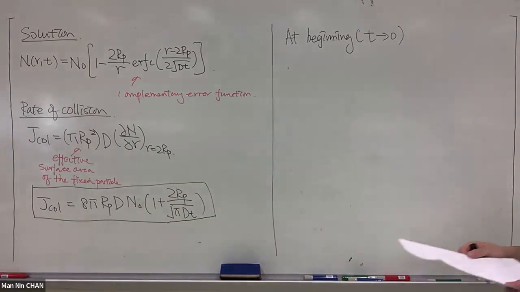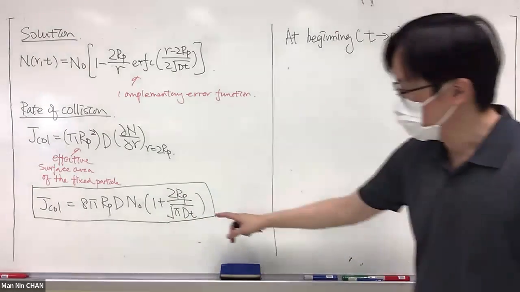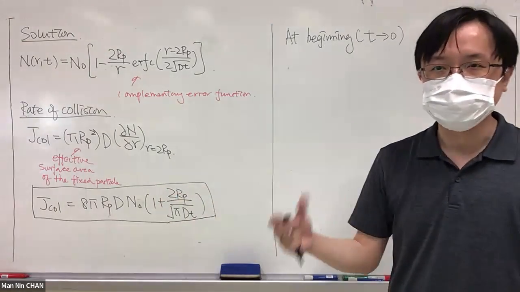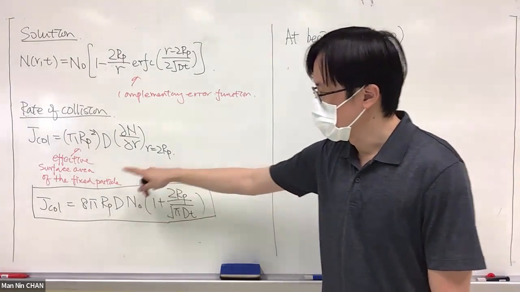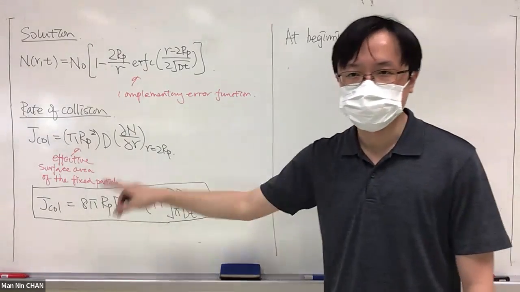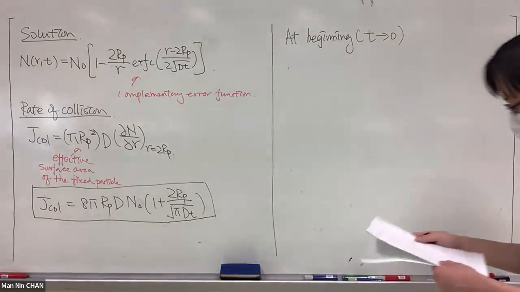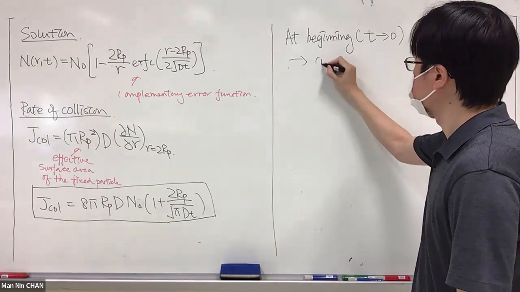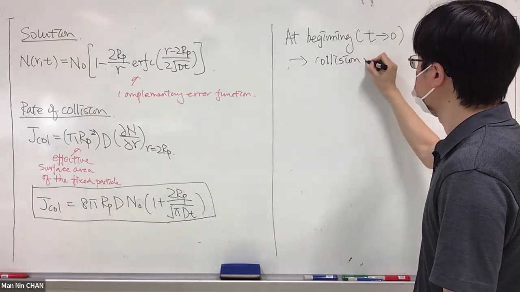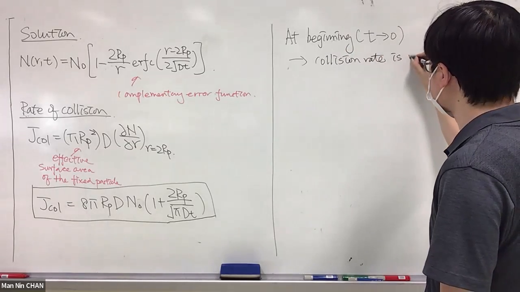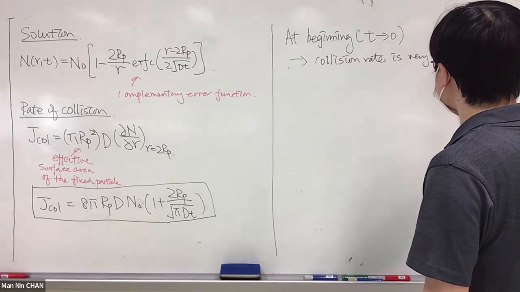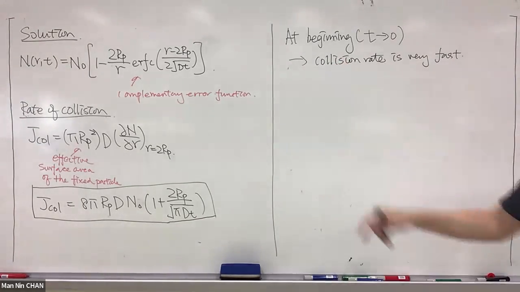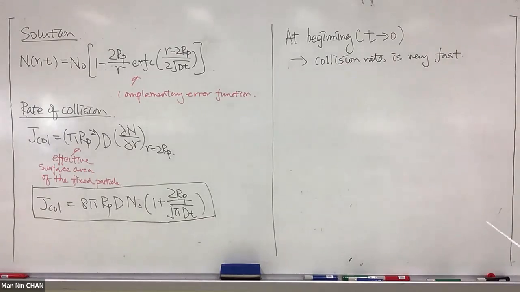Therefore you can argue that at the very beginning, the collision rate is very fast. Mathematically, it can be a very big number.